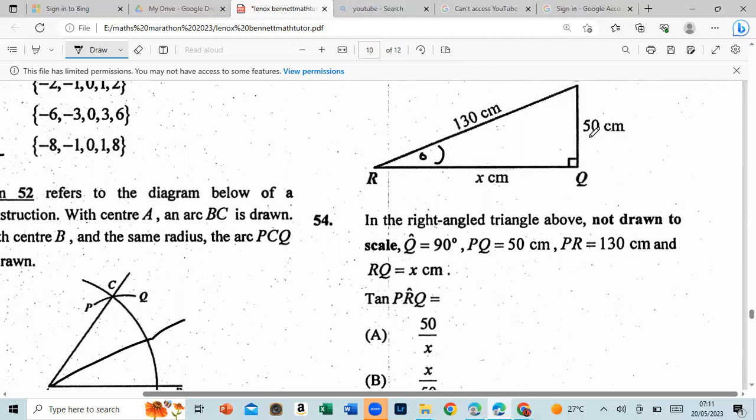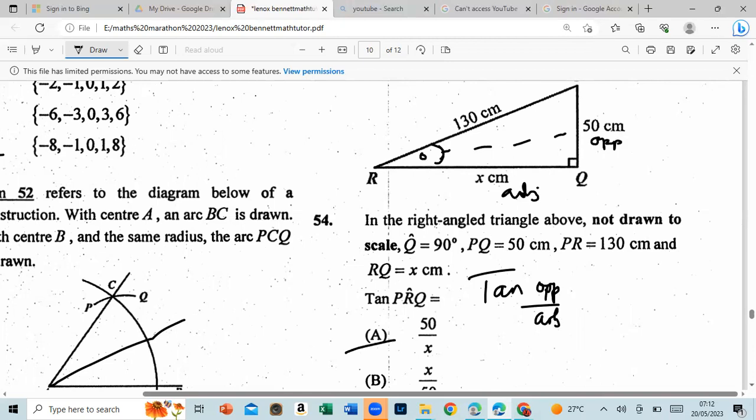So tan would be opposite upon adjacent, right? Because we're looking from this angle, so this would be opposite, and this would be adjacent. And remember, tan is opposite upon adjacent. That should be on your formula sheet. So 50 upon x, so that's E.